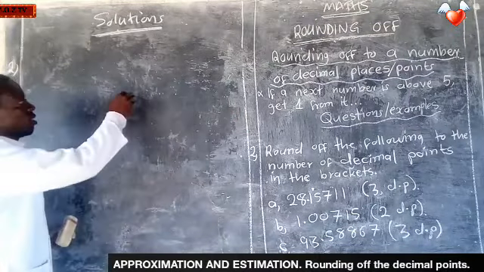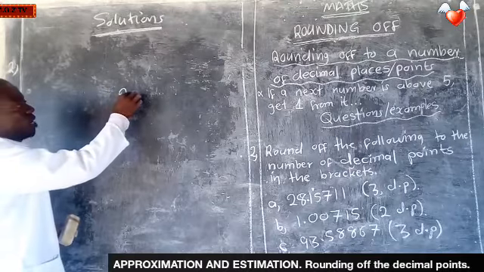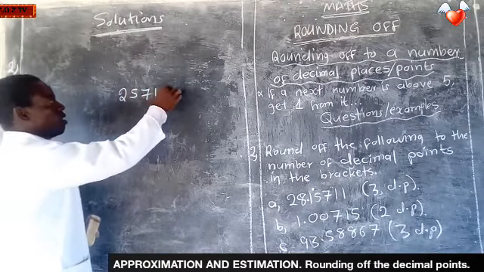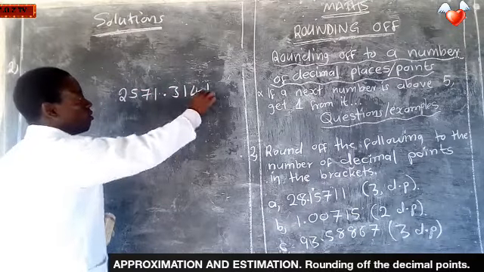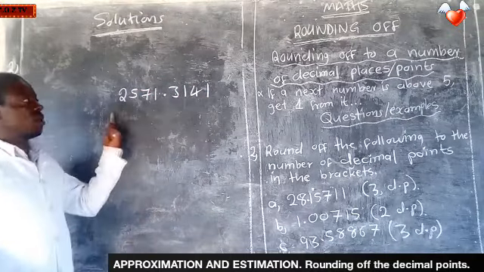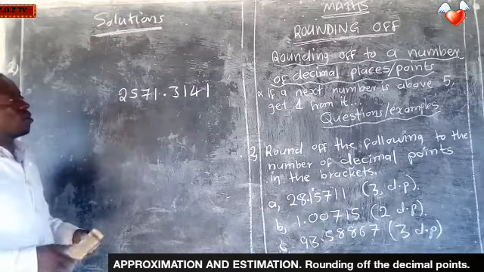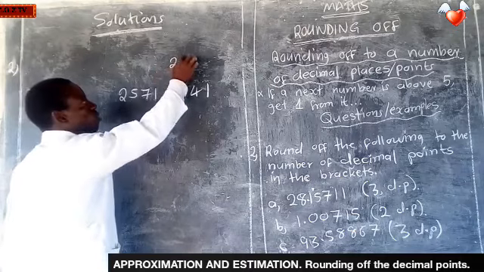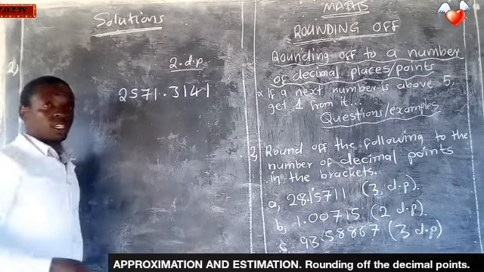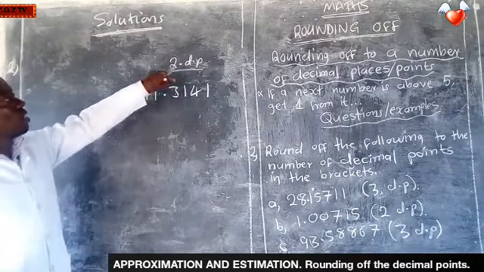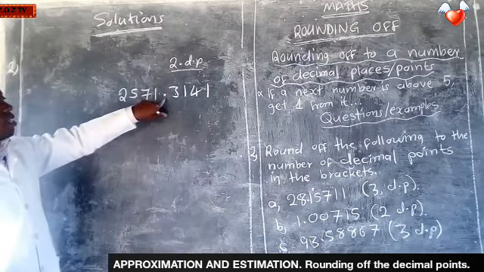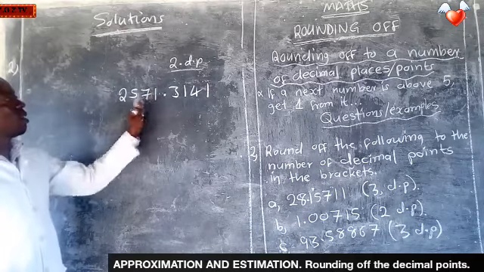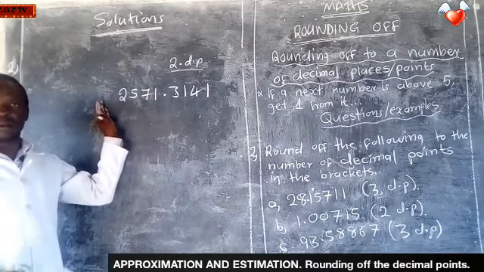So, for instance, if I have 2,571.314, this is my number. Now, the question may say, round off to 2 decimal places. What it means is that after the decimal point, on this side, I can have as many numbers as I can, no problem.